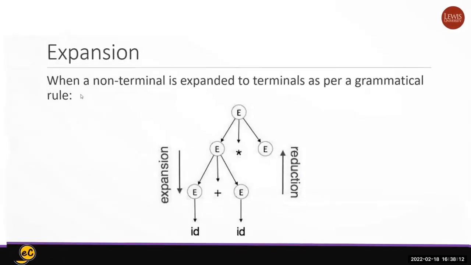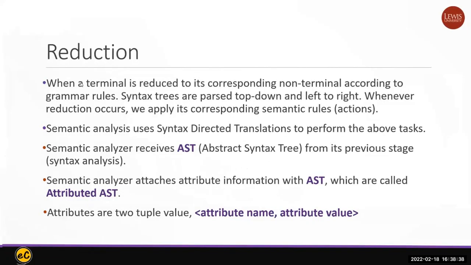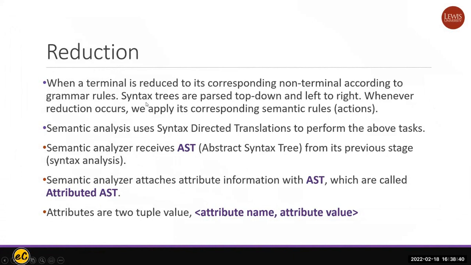Right here, expansion is when a non-terminal is expanded to terminals as per a grammatical rule. So here you can expand your syntax tree, or evaluate and go up. That's called reduction. So reduction and expansion are two different directions for the tree. In reduction, you evaluate from the bottom up, reduce the values and get the value for the top level.